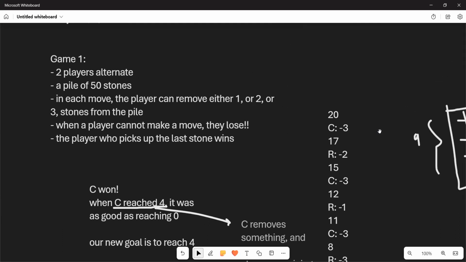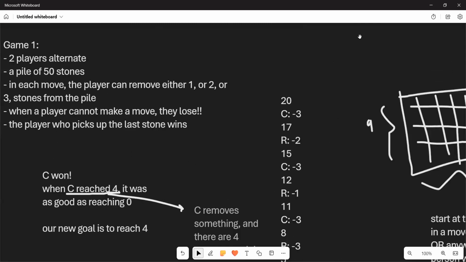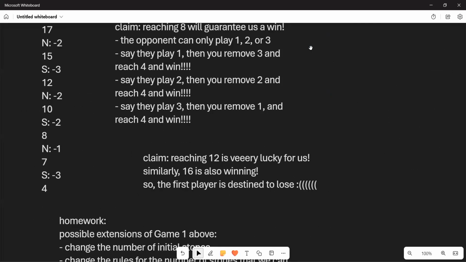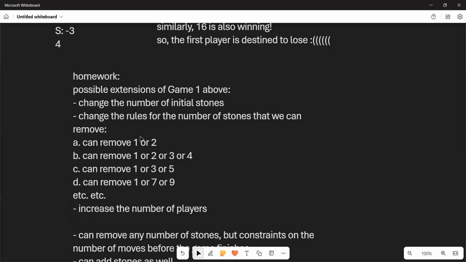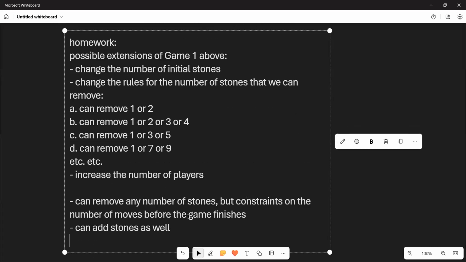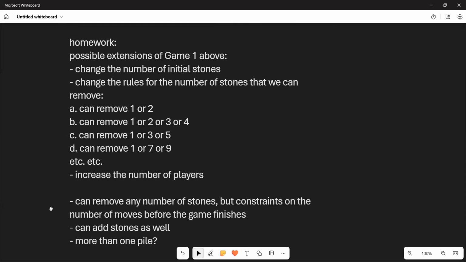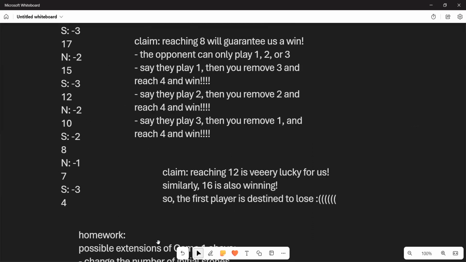Where we had 2 players, and we can remove some number of stones from 1 pile. Something that we missed here is, what if we have more piles?